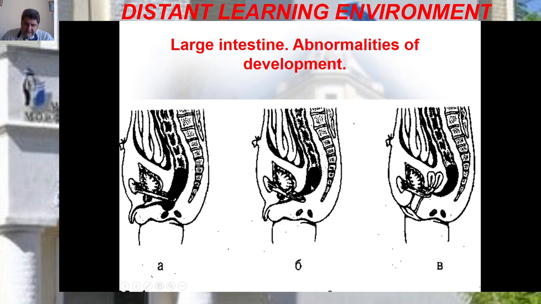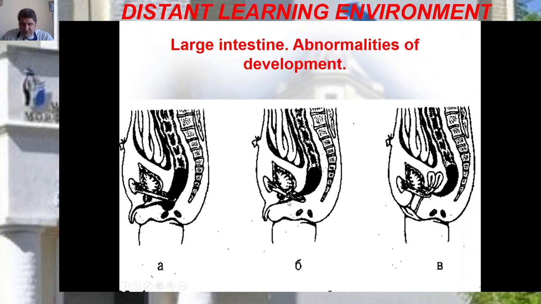You may see that it has a connection between the rectum and bladder, rectum and urethra, rectum and womb and vagina. You may see that the rectum on this picture opens via a thin canal to the urethra.